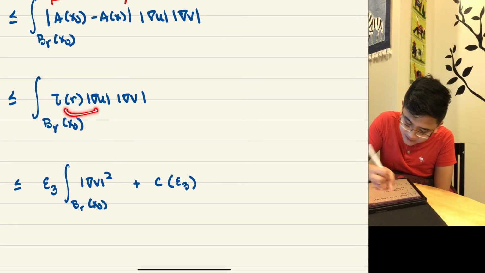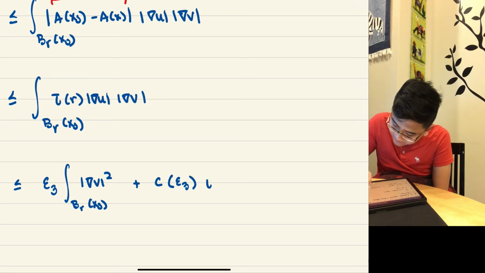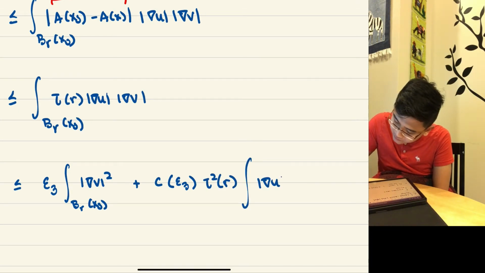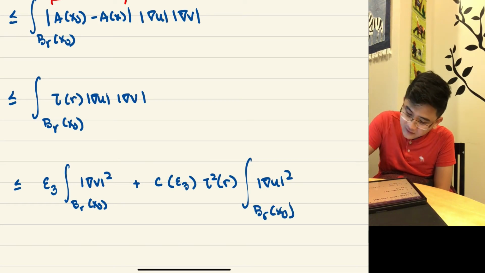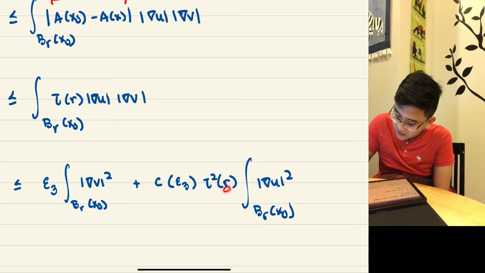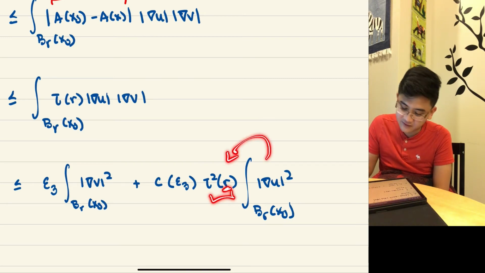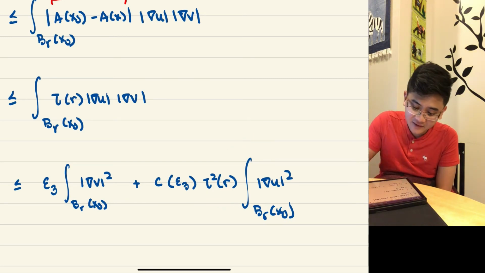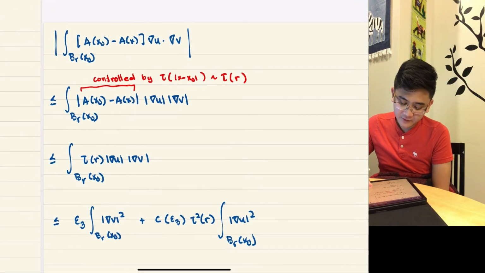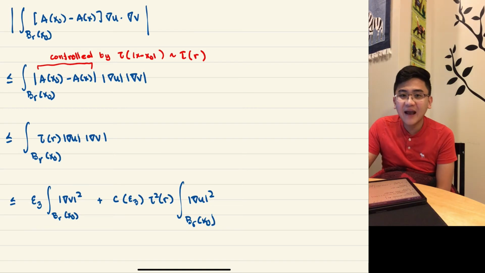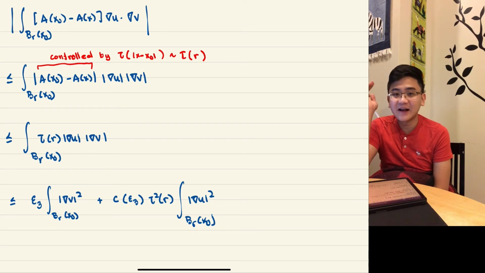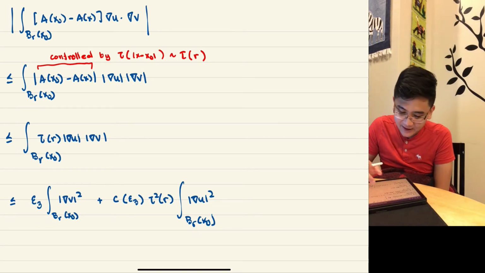No, this would get squared, so I have tau squared of r times the L2 norm of grad u squared on B_r(x0). Note that this is just a function of r. It doesn't depend on x, so I can take it out of the integral. So we have an estimate for this. Let's recap what is happening.